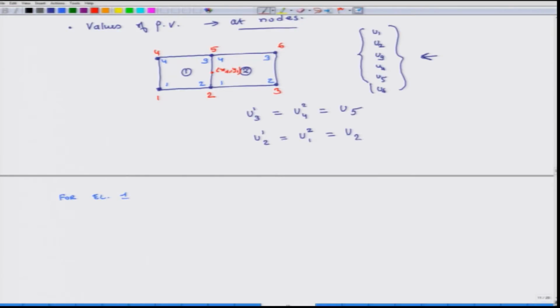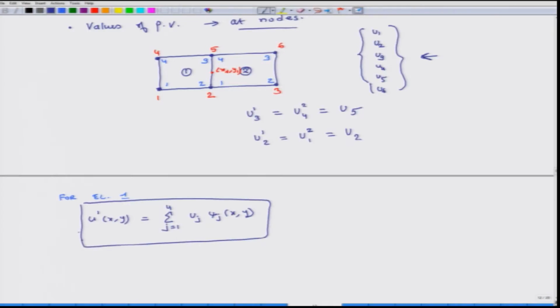We know that for element 1, u at any location in this element is the sum of uj, the value at the jth node, times psi j evaluated at x, y. This is how we formulated the problem.